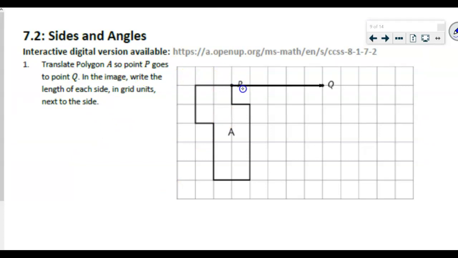And so this vector means that this point P is going to move that amount to Q, but that also means this point is going to move that same amount, and this point is going to move that amount, and this point is going to move that amount, and so on. And so it's really important to define that using the vector. I want you to make sure you write this in your notes, that when we translate, we need to make sure that we describe it with direction and magnitude, or in other words, a vector.